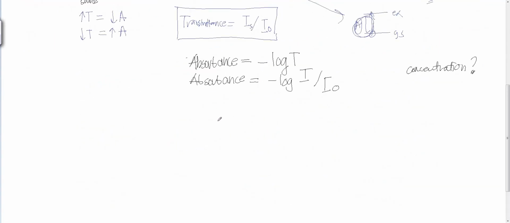So what is the Beer-Lambert law? The Beer-Lambert law is A equals epsilon b c. So what does it mean? A is the absorbance.